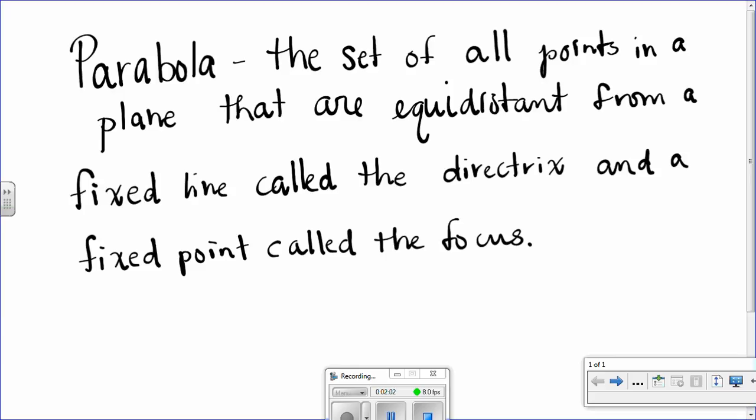In the past, what we've done with parabolas has always been quadratic functions, ax squared plus bx plus c. They've always opened up or down, and we've been really concerned with the zeros. Starting this section on conic sections, they may or may not be up and down.